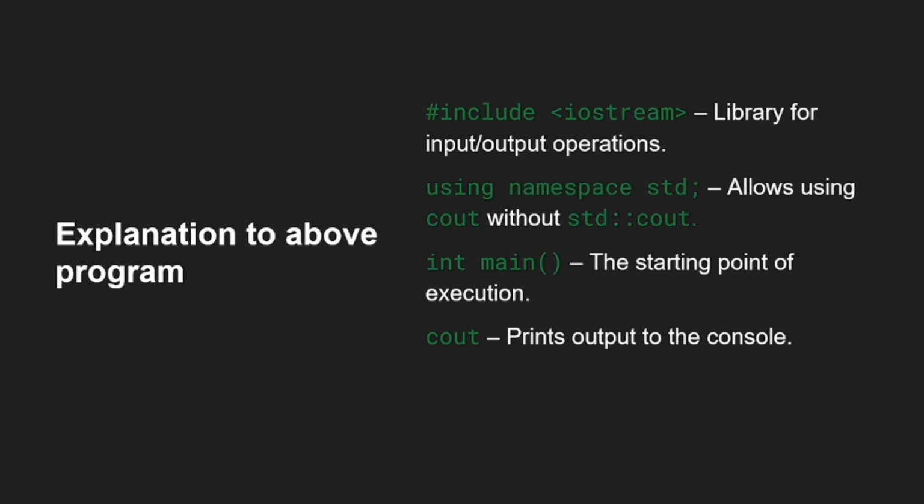What are libraries? There are pre-built libraries and user-built libraries. You can use a different library. This is a pre-built library, hashtag include iostream, that helps to perform input and output operations in the code. And using namespace std means that we can use the cout command without writing std colon colon, and that's why we use using namespace std. Cout is a basic command used to print out a message on the screen.